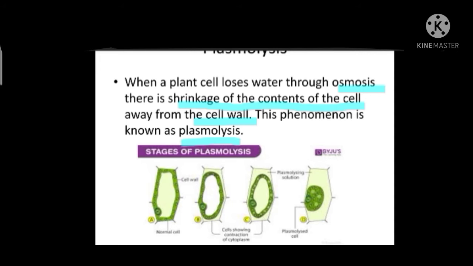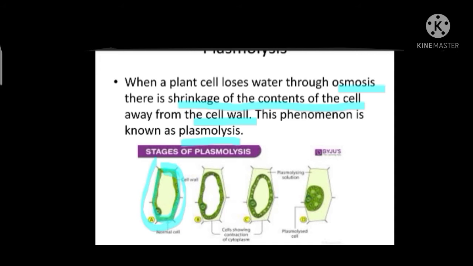If you see this picture, you can see the outer cell wall is present on the outer side, and the green colored structure which you are seeing is a layer of protoplasm. In the center, nothing is there. Actually, that is the large vacuole.